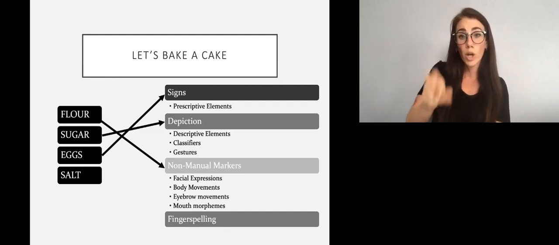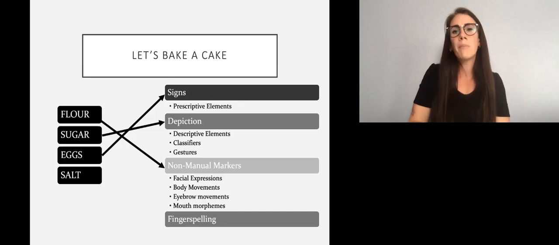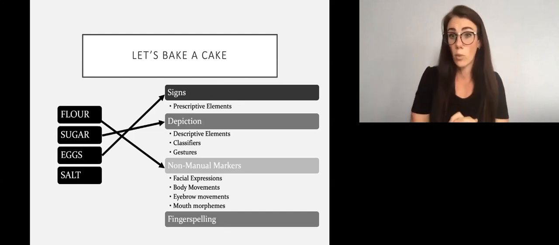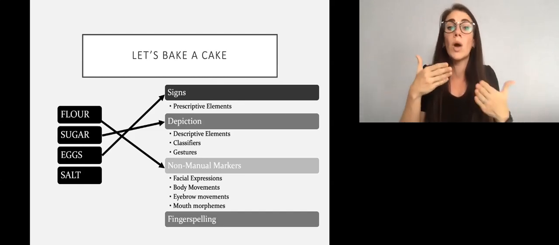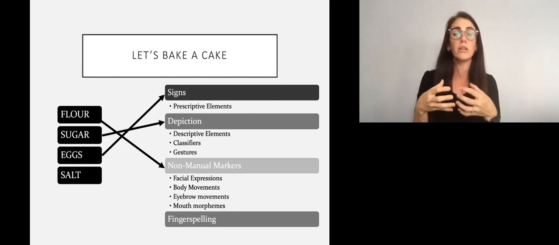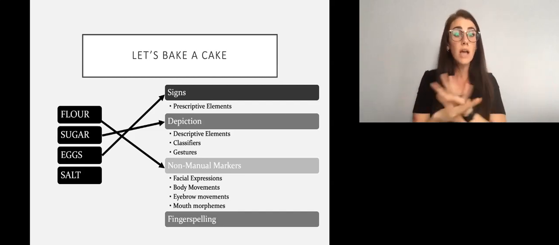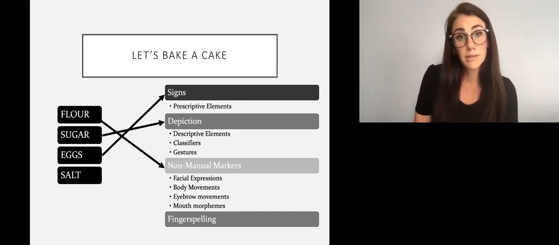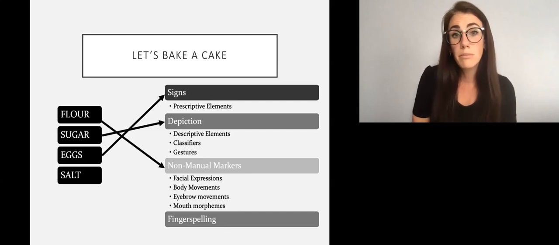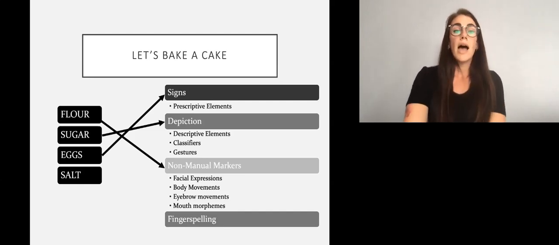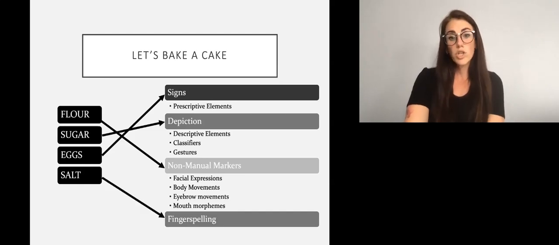So this is how we would crack an egg in ASL, but I have to first tell you that it's an egg. I can't just gesture my way through something. That's just miming, right? So eggs bind the ingredients together. Signs bind all of these elements together. Without signs, you're baking a vegan cake. We've all had vegan baked goods. Some of them are well done, but they're still not real baked goods. Don't at me.